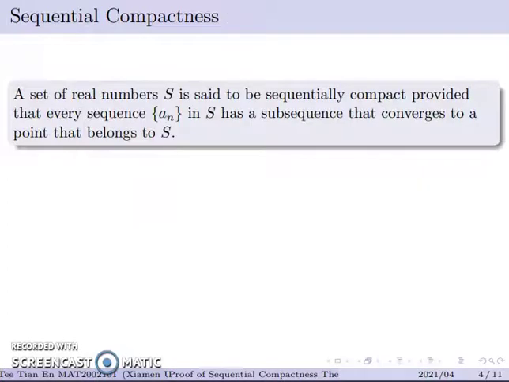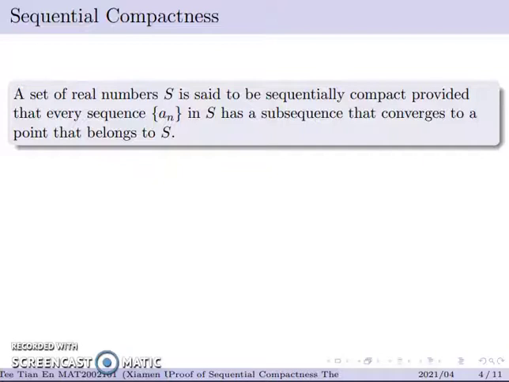And now let us see what is sequential compactness. Sequential compactness means a set of real numbers S is such that every sequence in S has a subsequence that converges to a point that belongs to S. So we have to prove that a subsequence of every sequence in the set converges to a point in the set.